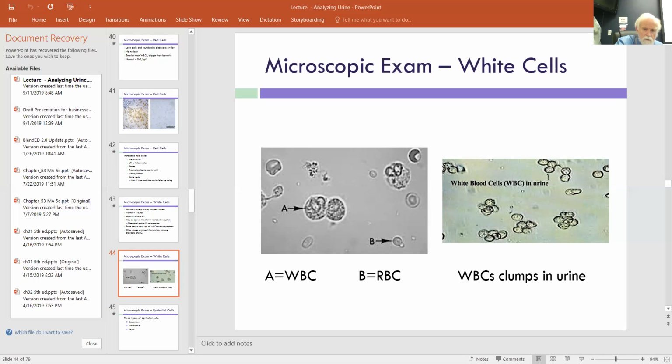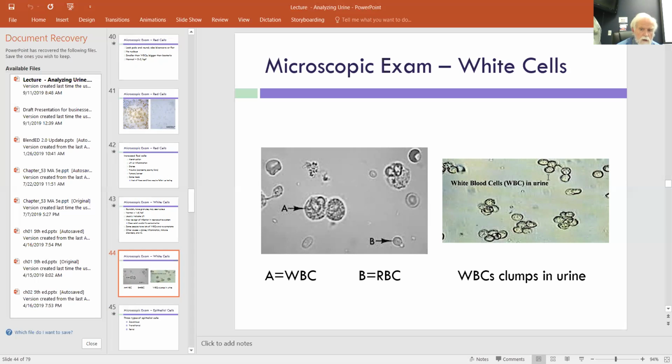Okay, so here we have a picture with both white cells and red cells. Note on the image on the left, A points to a white cell. Look how much bigger it is than the red cell. Quite a bit. Pretty obvious. And the red cell, again, has that biconcave look.